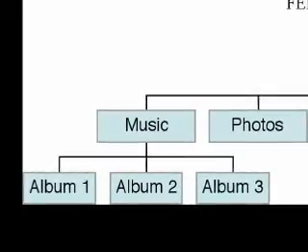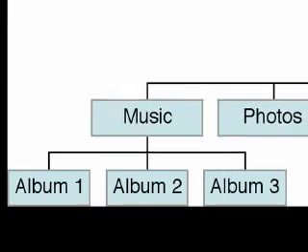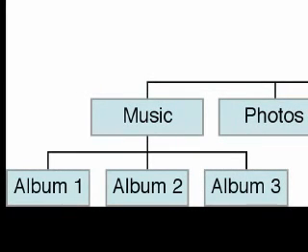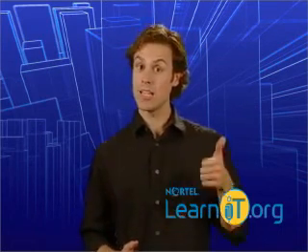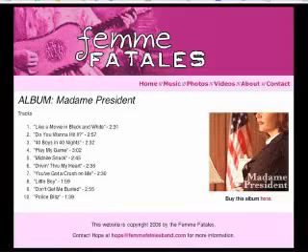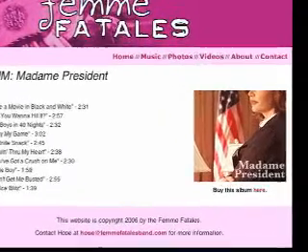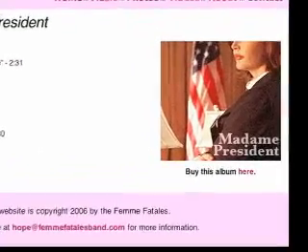We place those below the music page on the sitemap because the music page will work like the home page for these sub-pages. We can also link from these pages to the e-commerce page so that visitors can buy the albums and cover art they've just seen.